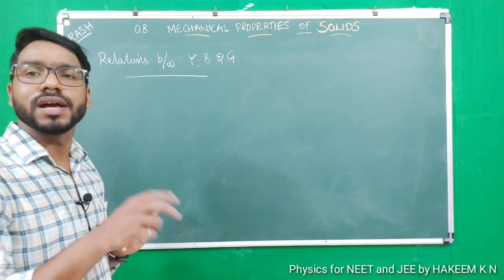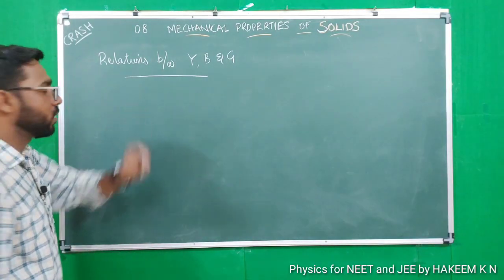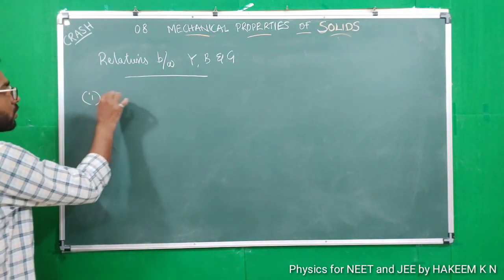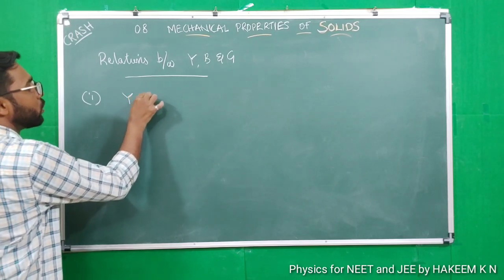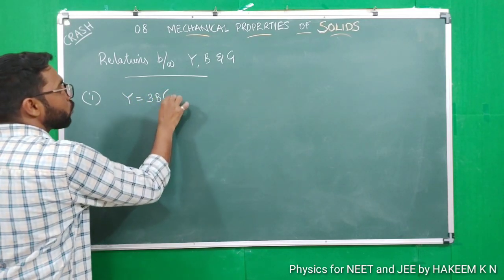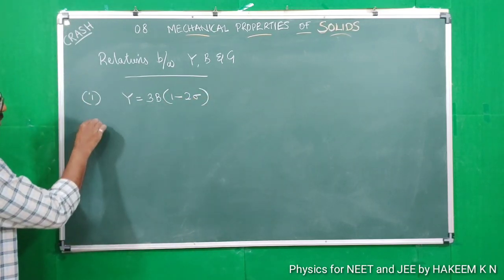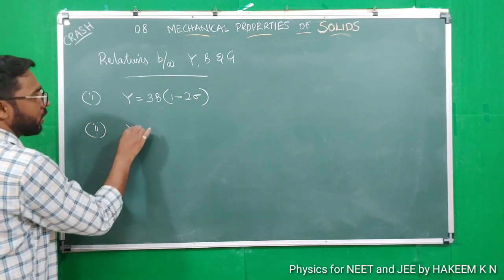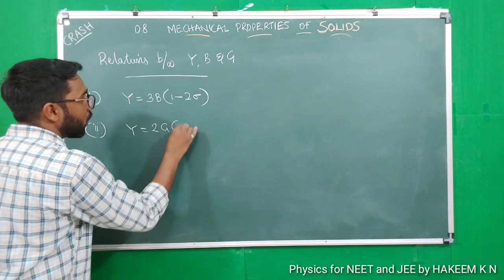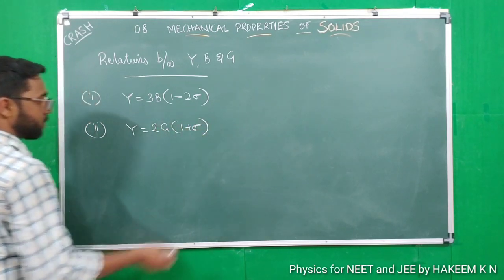Relations between elastic moduli Y, B and G. First relation, Y equal to 3B into 1 minus 2 sigma. Second relation, Y equal to 2G into 1 plus sigma.